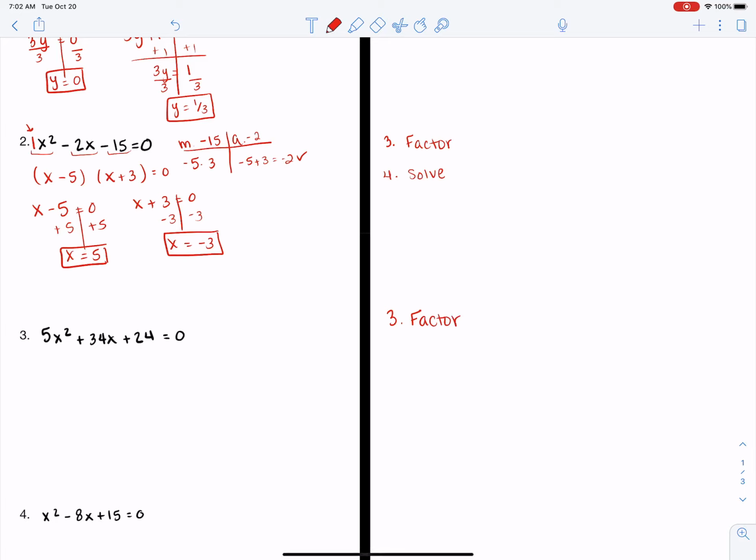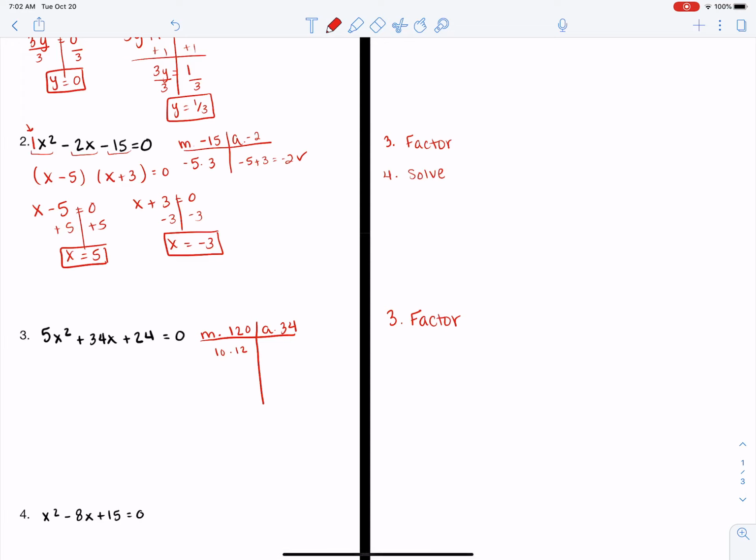Okay, so I need two numbers that multiply to a times c, 5 times 24. Hang on, I don't want to make a mistake. 120. Two numbers that multiply to 120 and add to b, 34. Okay, so factors of 120. I know 10 and 12.